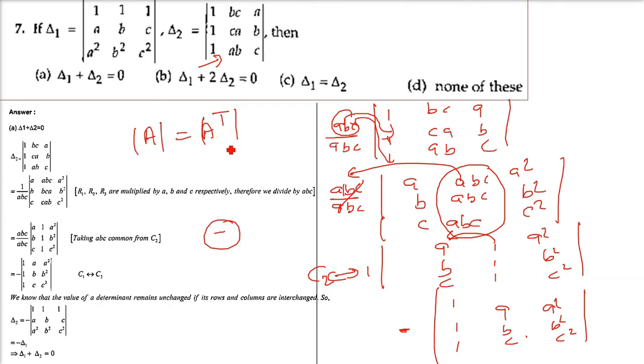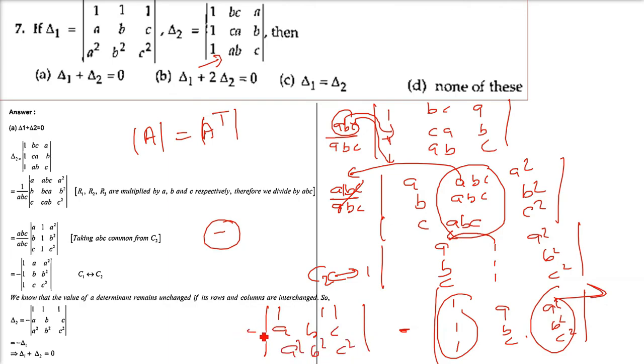So now you can just transpose the rows and columns. Since the negative sign is already there, 1 1 1, this column I'm making it a row, A B C I'm making it a row, A square B square C square I'm making it a row. Okay. Now the negative sign I'm putting in front. So what do you get? Since the determinant of 1 we can directly write 1 1 1, A B C, A square B square C square, and these two are the same. So you subtract, it is going to be 0.